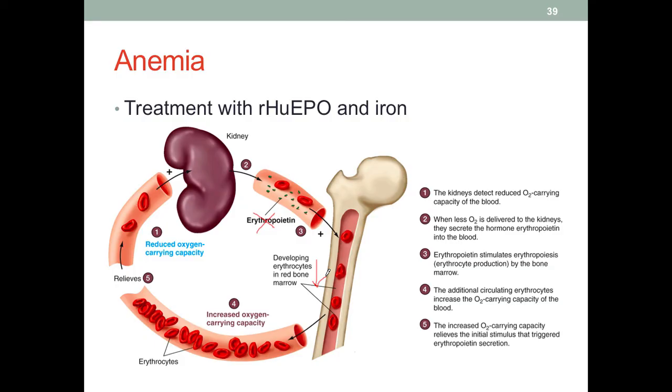So red blood cell production will be decreased, and that's why the patients have anemia. On top of that, iron deficiency is not uncommon, so we don't have enough raw material in order to make more red blood cells. So these combined contribute to anemia in renal patients.